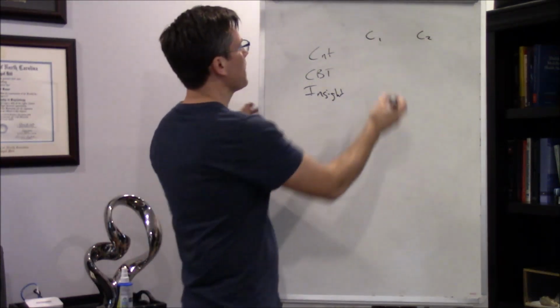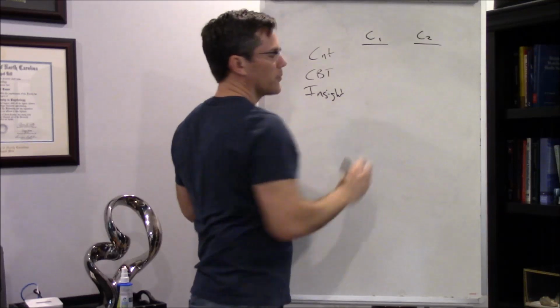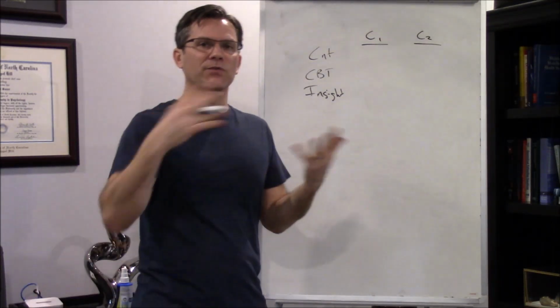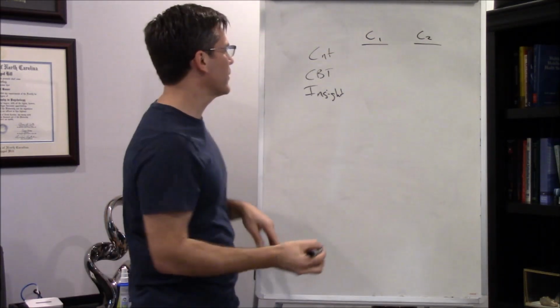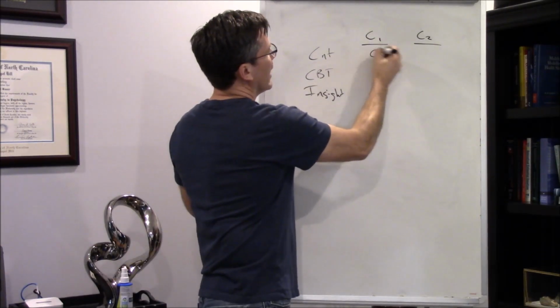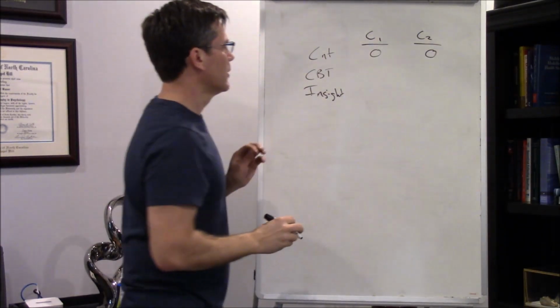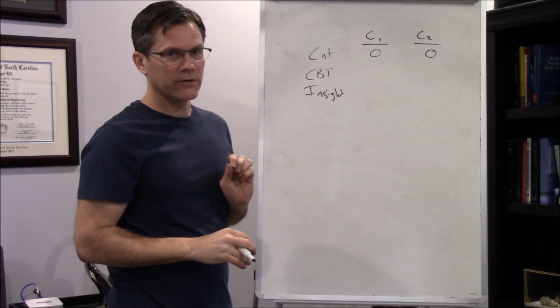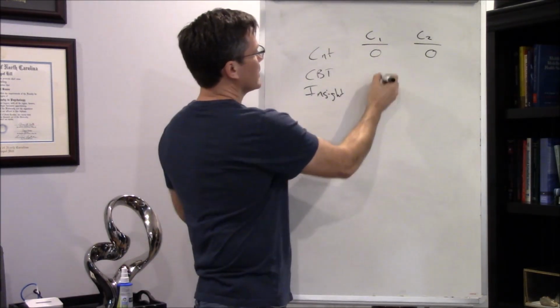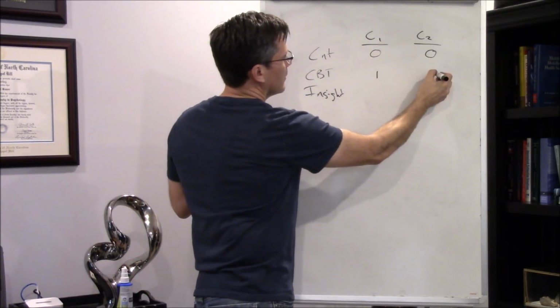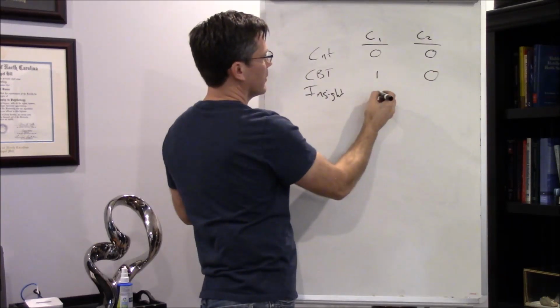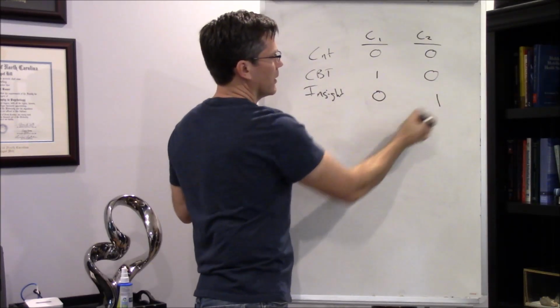I'm going to make my control group the reference group, because I want to observe effects relative to the control group. So I'm going to code that 0 for each of these coding variables. If the individual is in CBT, I'm going to give them a 1 here and a 0 there. And if they're in insight, I'm going to give them a 0 here and a 1 there.